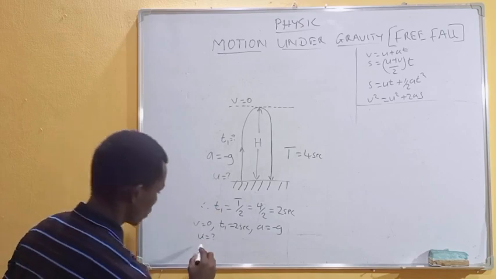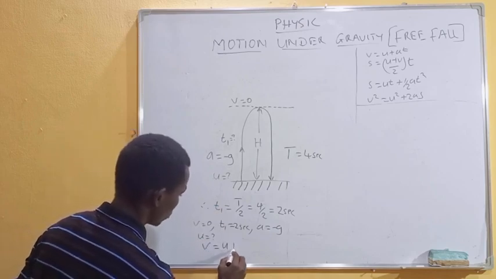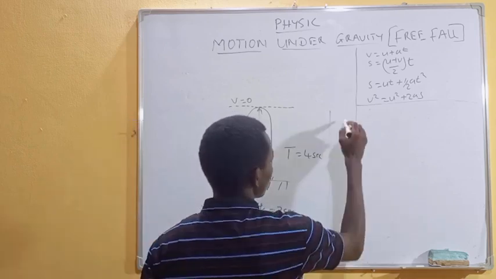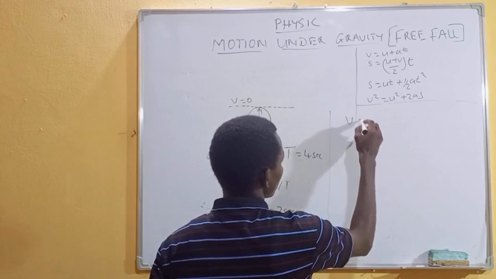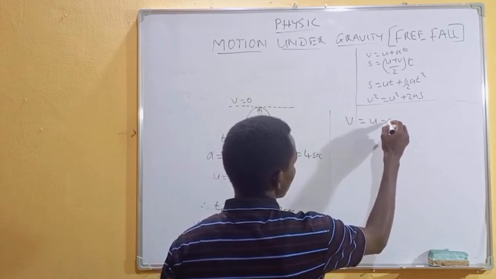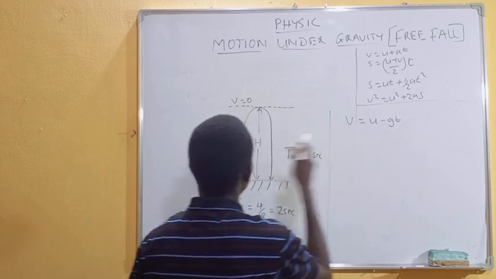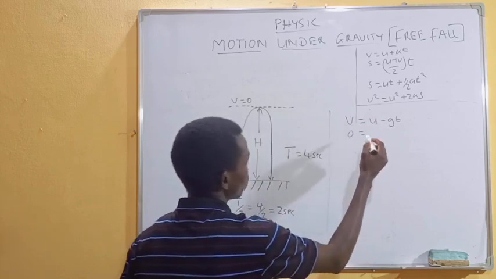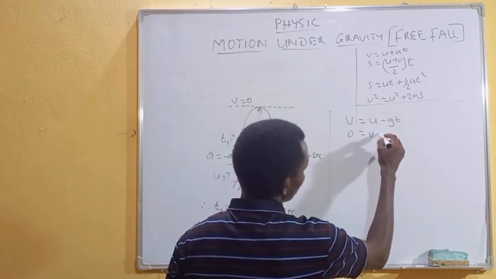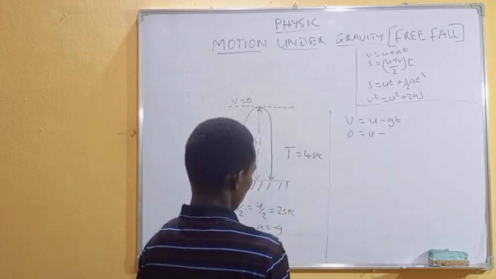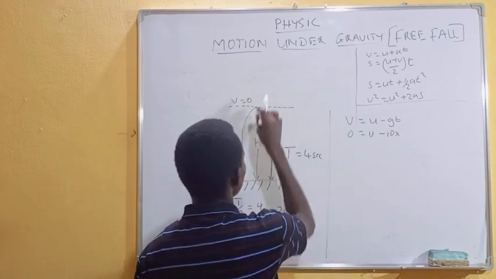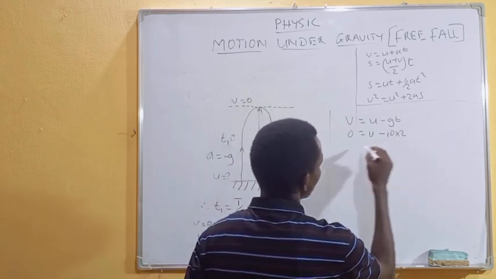From equation 1, we have v equals u plus at, which is v equals u minus gt. And we have the final velocity, which is 0, equal to the initial velocity, what we are looking for, minus the gravity 10 times the time to reach the maximum height, which is 2.